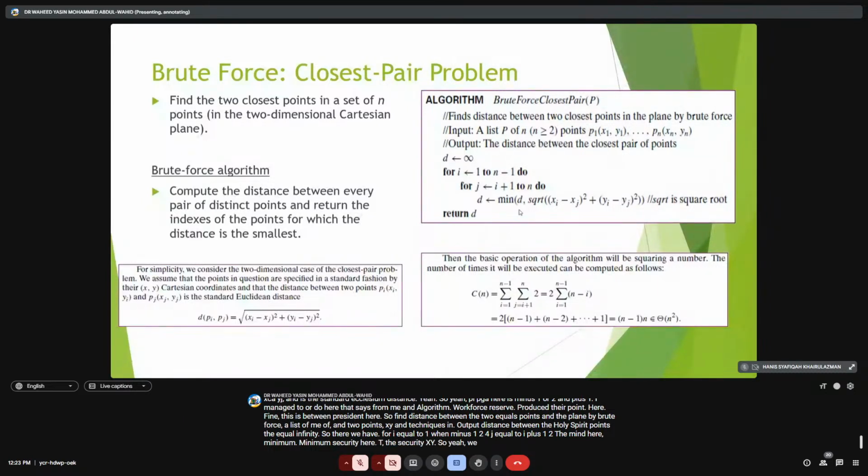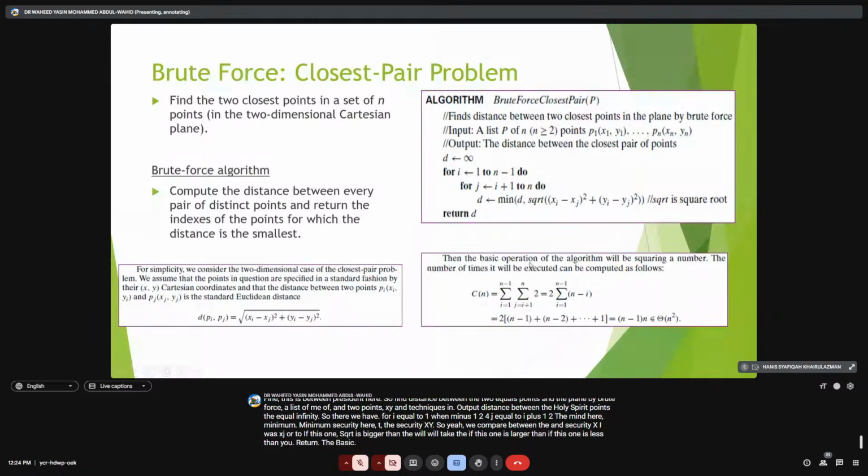So here we compare between d and the square root. If the square root is bigger than d, we'll keep d. If it is less than d, we'll use this one. Return d.